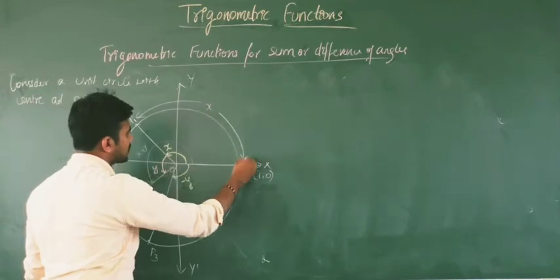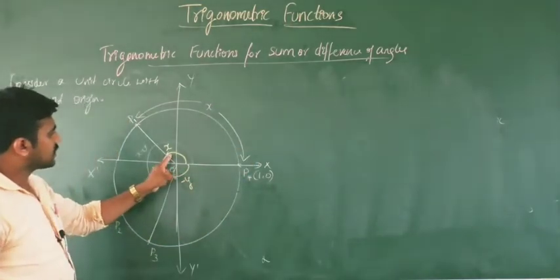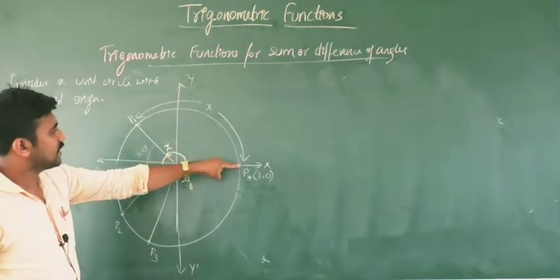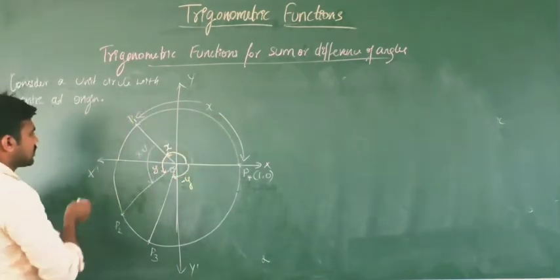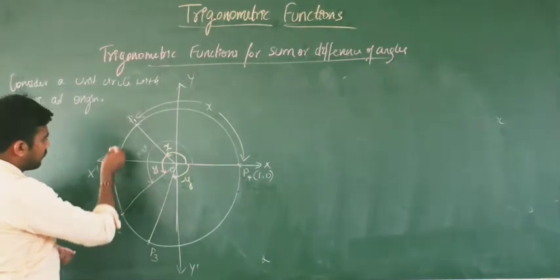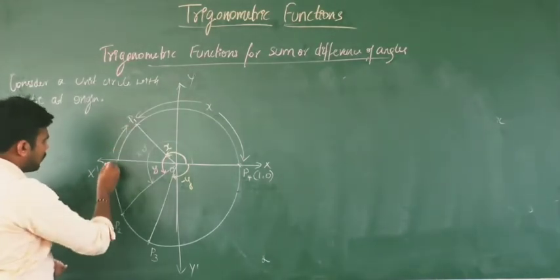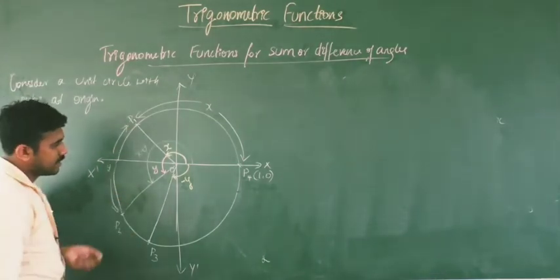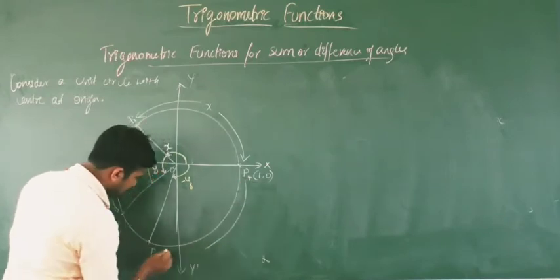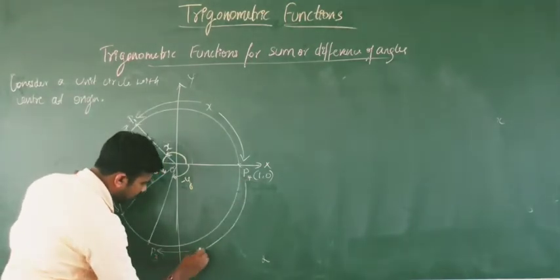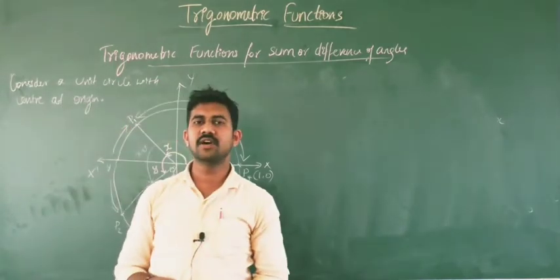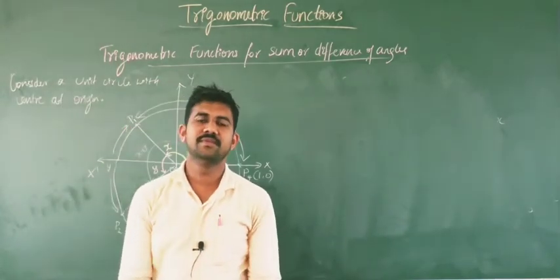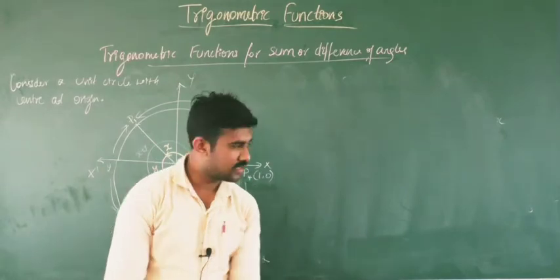X unit, because the central angle is x radian, meaning the length from P4 to P1 is x unit, and similarly P1 to P2 is y unit, and P4 to P3 is again y unit, but measured in the clockwise direction, so the central angle is negative. So this is the figure.